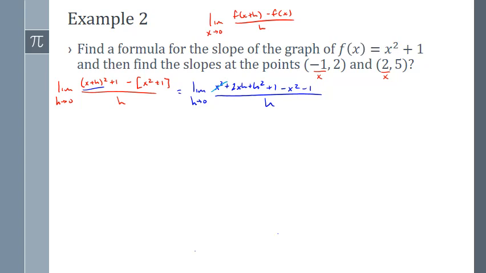Let's see, my x squares cancel, my 1's cancel. I'm left with the limit as h goes to 0 of 2xh plus h squared all over h. I see that an h cancels from each part. I'll put the limit as h goes to 0 of 2x plus h.